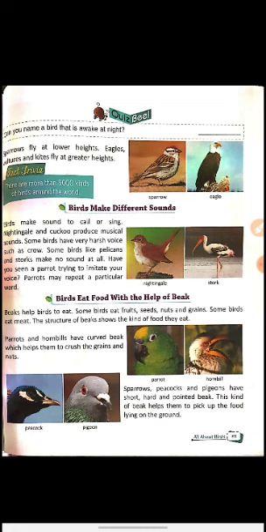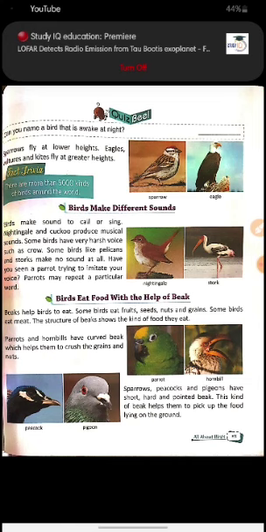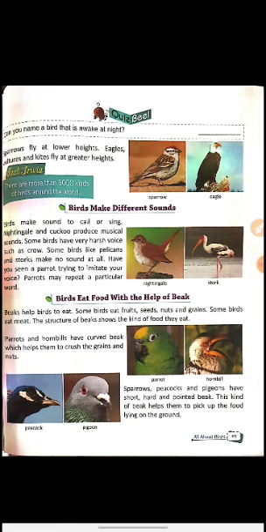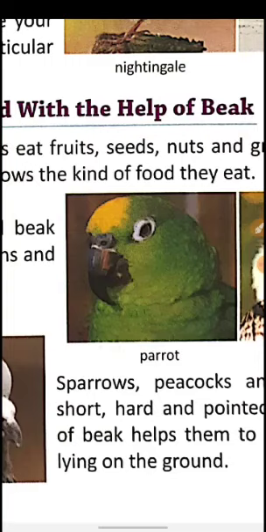Their beaks are designed in the way that they can eat their food. Parrots and hornbills have a curved beak which helps them to crush grain and nuts. You can see here the beak of the parrot is curved.